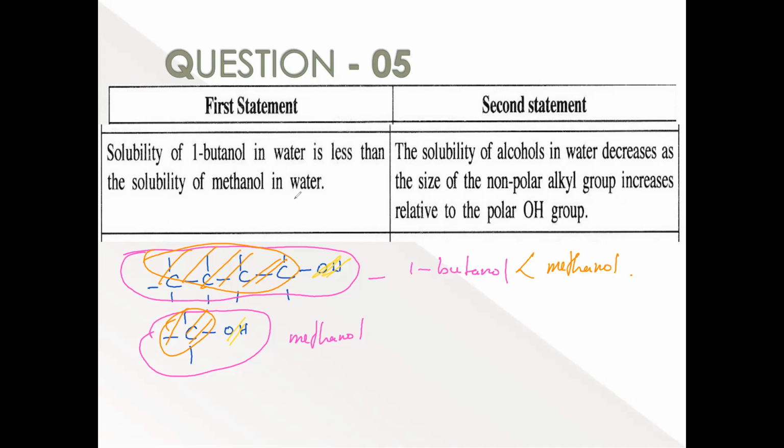So the first statement is true. And the second, the solubility of alcohol in water decreases as the size of the non-polar alkyl group increases relative to the polar OH group, yes, true. The second statement explains the first statement very clearly. So your answer is number 1.